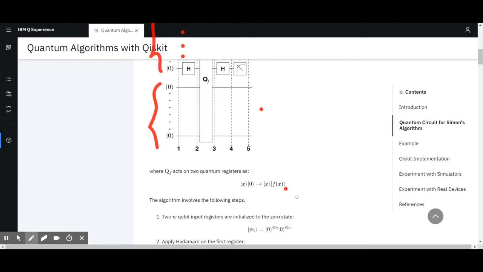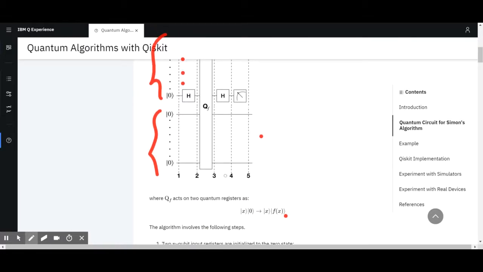So that's Q_f. I know what it means. Basically, what we have here is the input, and Q_f basically applies the function.